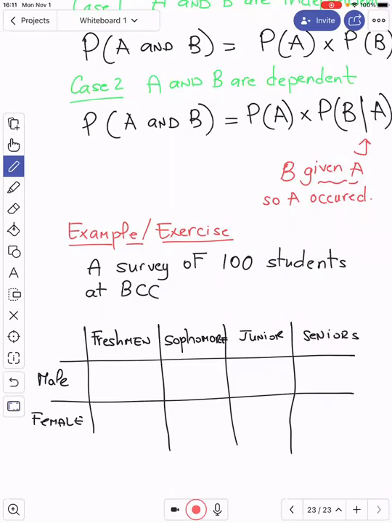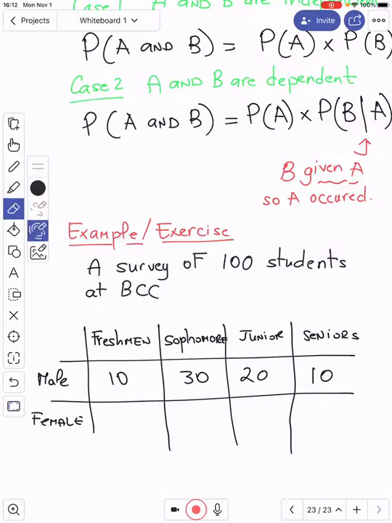Let's say we have 10 male freshmen, 30 male sophomores, 20 male juniors, and another 10 male seniors. Probably I should take 200 students instead of just 100.